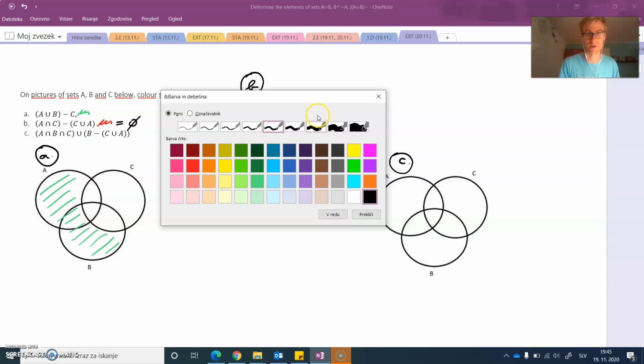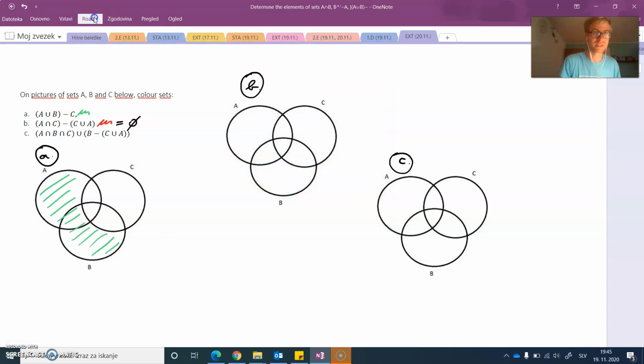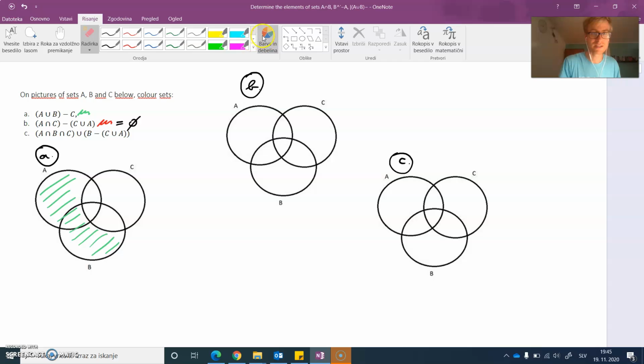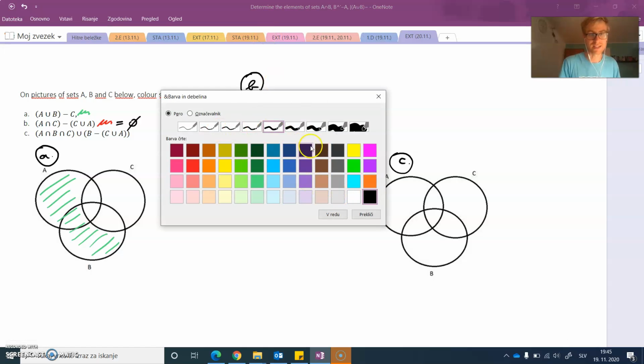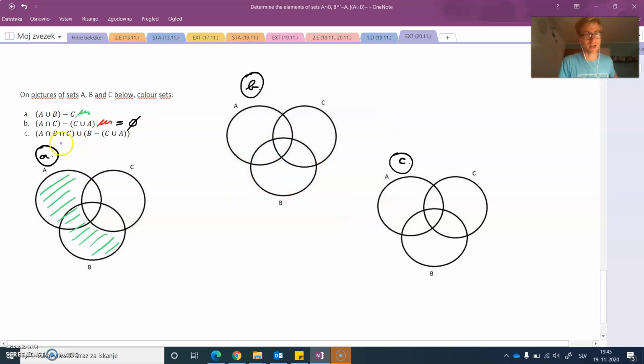Okay, and what about the last one? The last one, let's say with, I don't know, with purple again. A intersection B intersection C. Those are all the elements that all the sets have in common. Union B without C union A, meaning B without C union A. And how can I read this one?